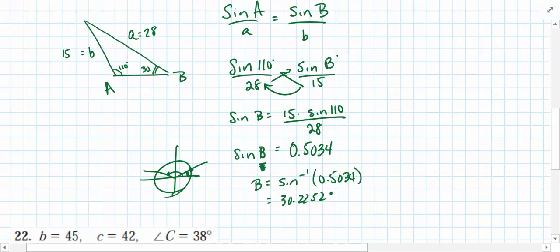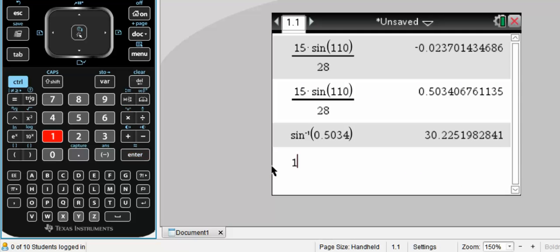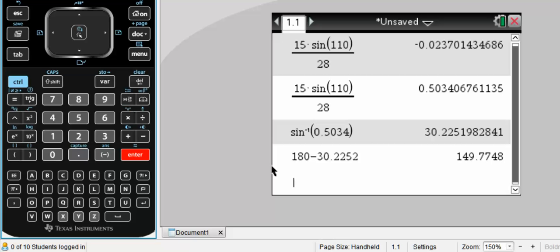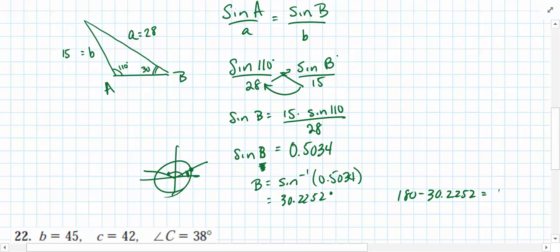Now the other option would be 180 degrees minus that. So 180 minus 30.2252 is equal to 149.7748.